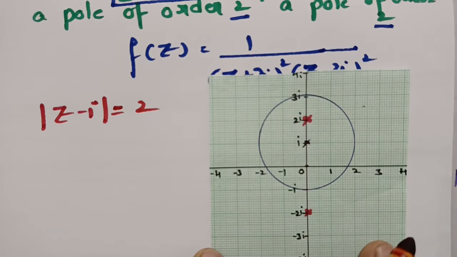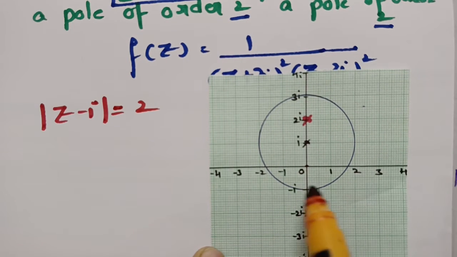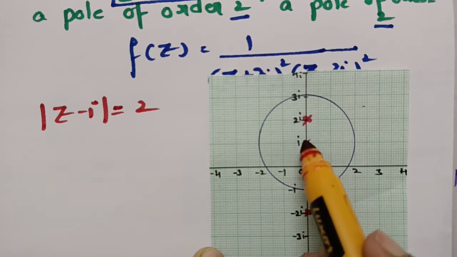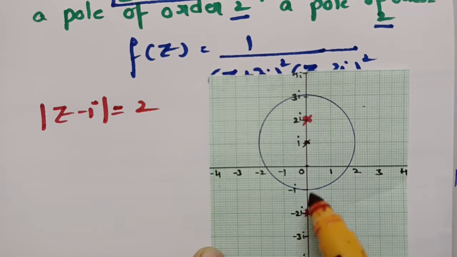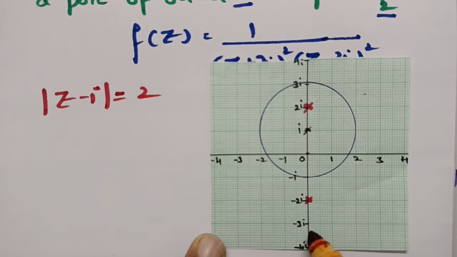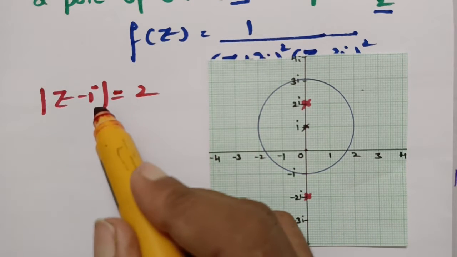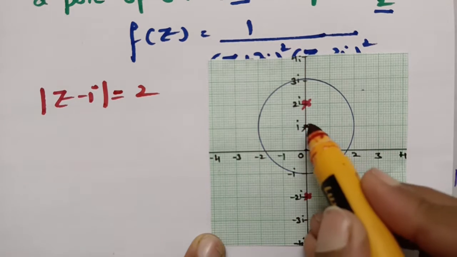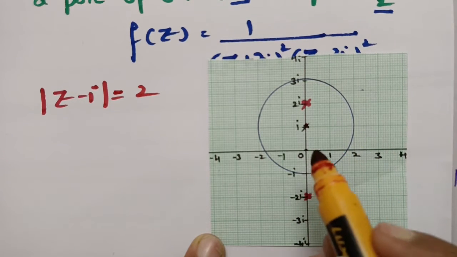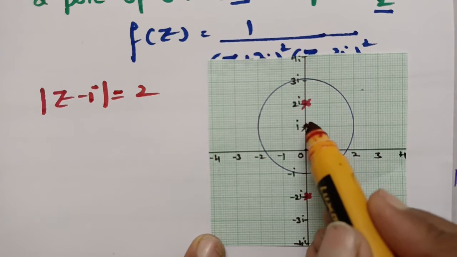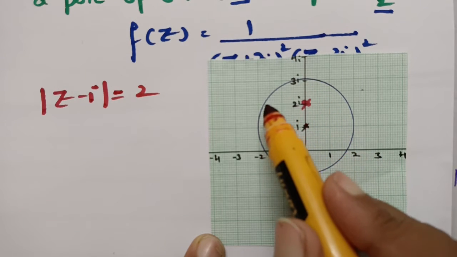Here we mark 1, 2, 3, 4, and also minus 1, minus 2, minus 3 and minus 4. On the y-axis we write i, 2i, 3i, 4i, and down minus i, minus 2i, minus 3i, minus 4i. So here is the center point, which is i. The center is i, and we take 2 as the radius. Take a compass and draw a circle with radius 2.